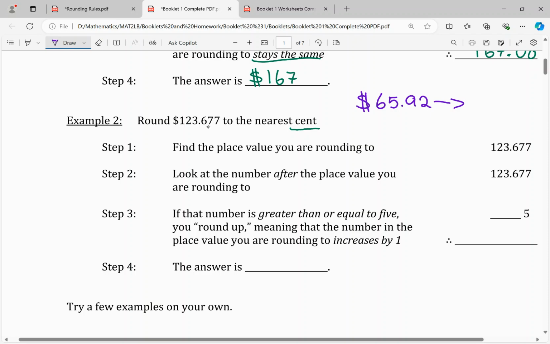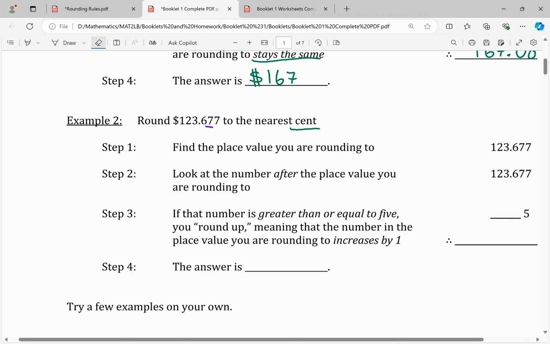So we want to round the second decimal place because that's where we want to stop talking about the money. In other words, when I ask you to round to the nearest cent, just always pick the second number after the decimal place. That is going to be, in this case, the first 7.